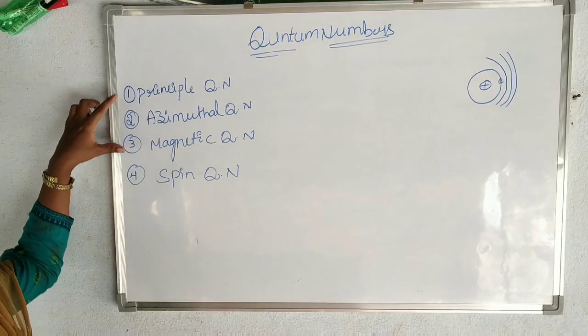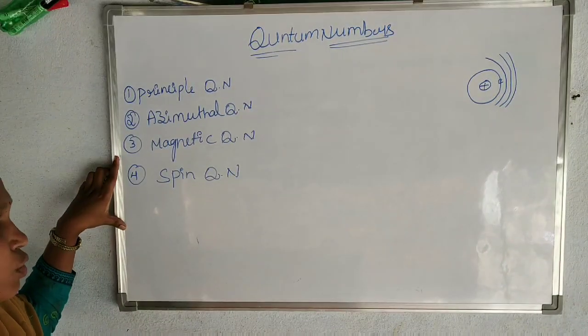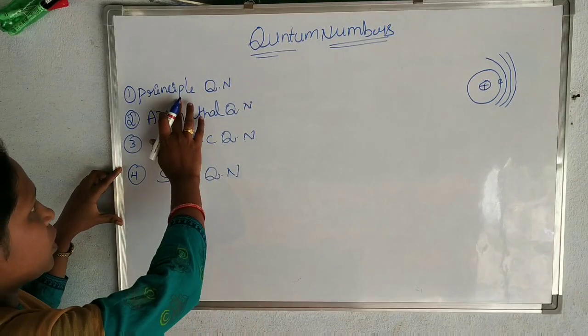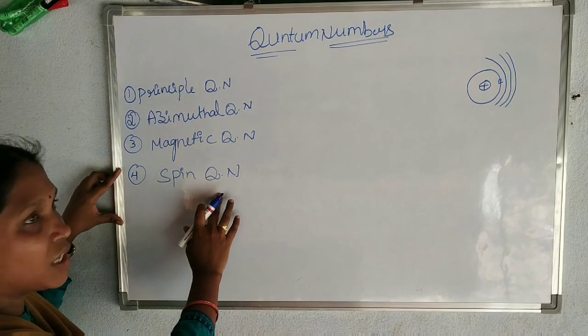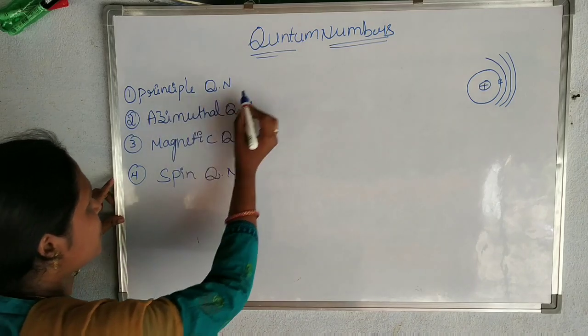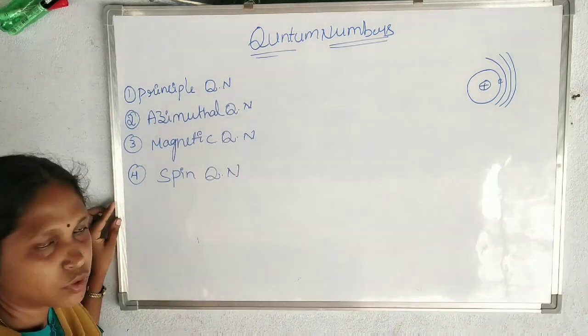These 4 quantum numbers explain the position of an electron in an atom. Principal, azimuthal, magnetic, and spin quantum number. The principal quantum number, now we see one after the other.